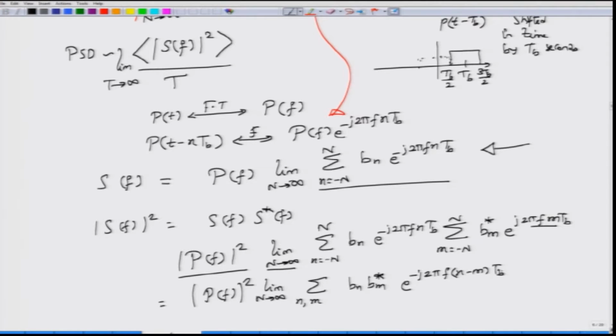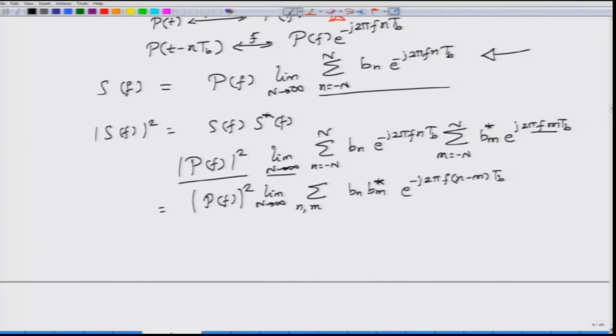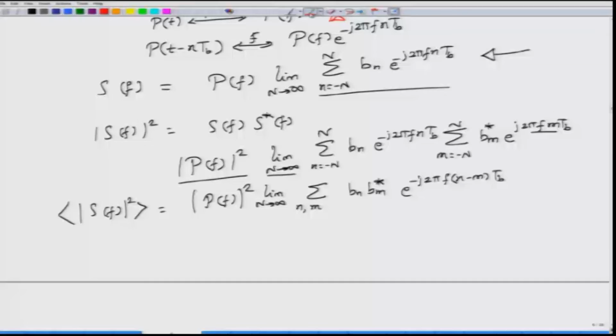Now, do not forget to put the averaging operator. So, if you put the average operation, you are going to put the ensemble average. What do you mean by ensemble average? Please refer to any of the probability courses that are being conducted. We unfortunately do not have the time to spend on that. And you can also show that when you do the averaging, you are actually supposed to put the average on the random variables.